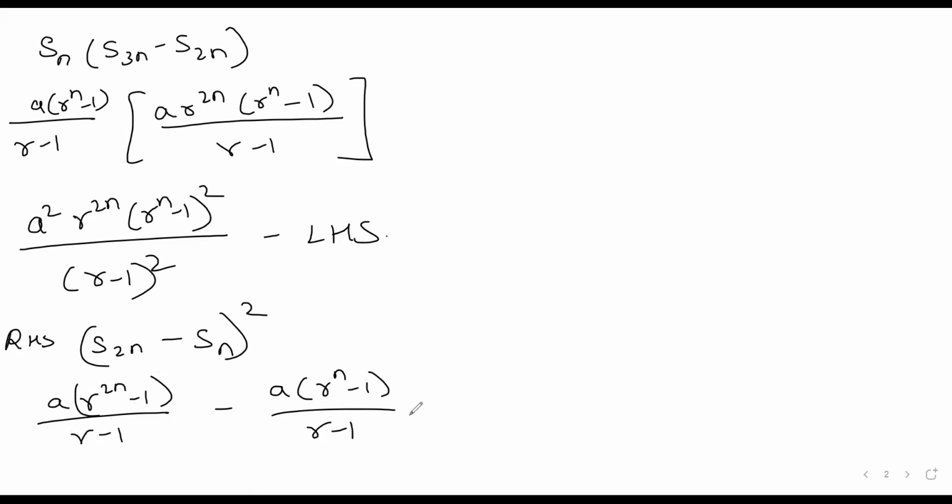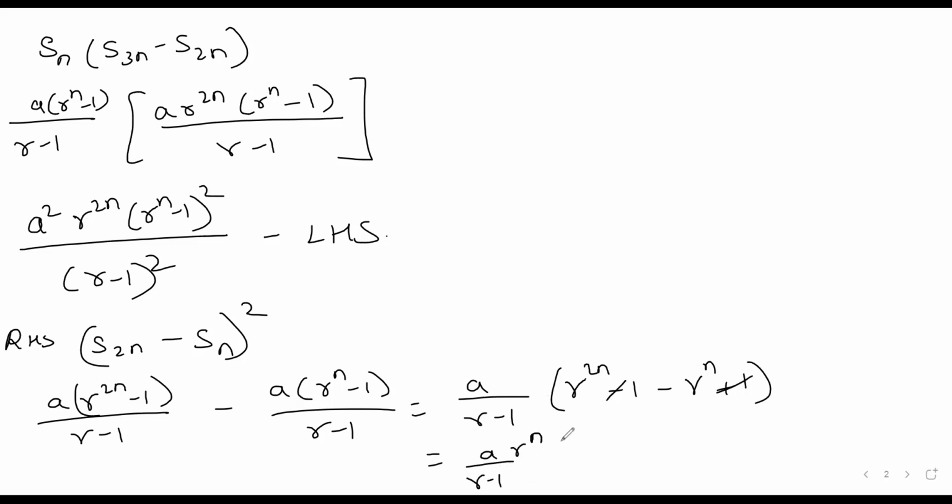We'll again take A upon r minus 1 common into bracket r raised to 2n minus 1 minus r raised to n plus 1. This and this will get cancelled. It is A upon r minus 1. r raised to n is taken common. You will again get r raised to n minus 1.